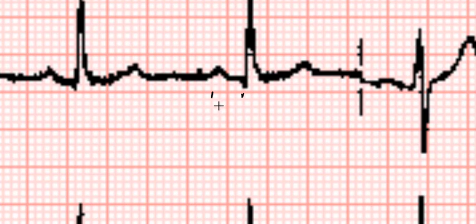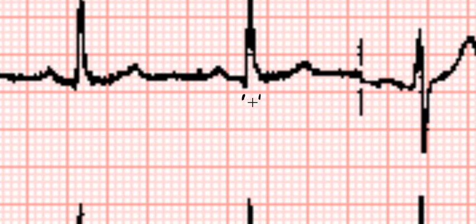Normally it's between 0.12 to 0.2 seconds, so 0.16 seconds is completely normal. Now the QRS here, normally between 0.08 to 0.12 seconds, 2 to 3 small squares. Here it's 2 small squares, 0.08 seconds, so it's also normal.